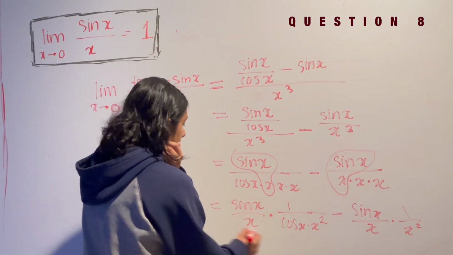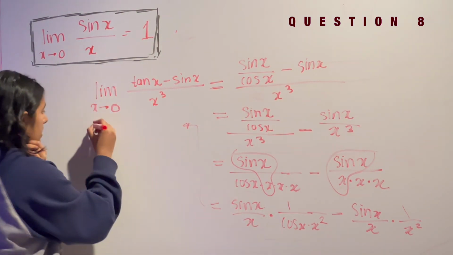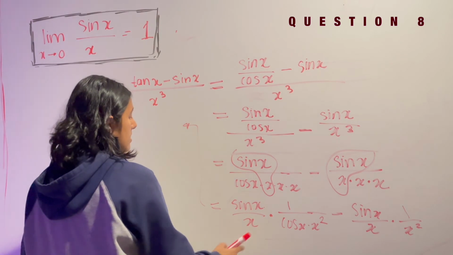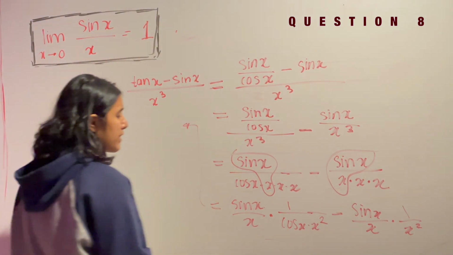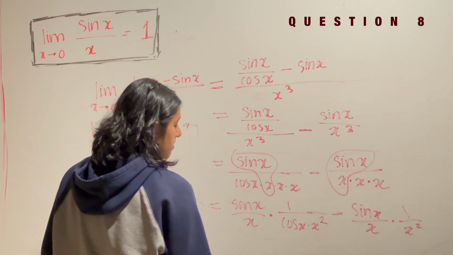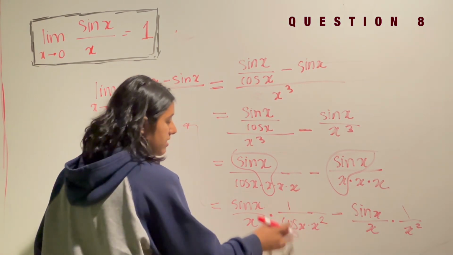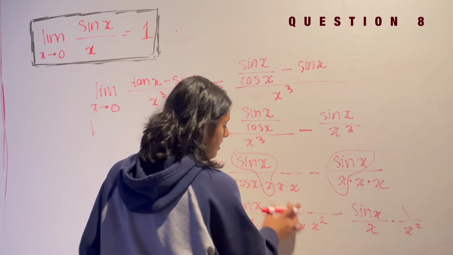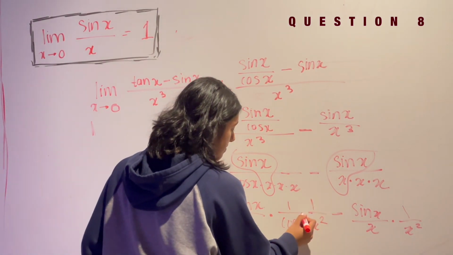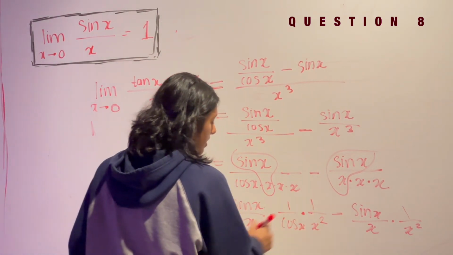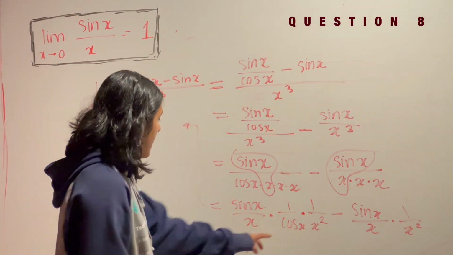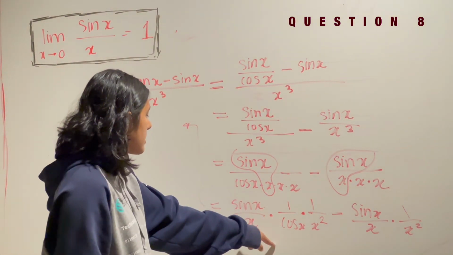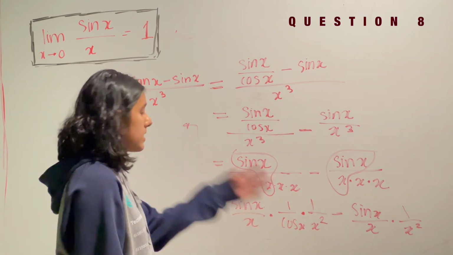Now we see that this is simply 1. The limit of this as x tends to 0 is 1, as you see here. This is essentially 1 over cos x times x squared. Now we have 1 over cos x, so let's replace x with 0.